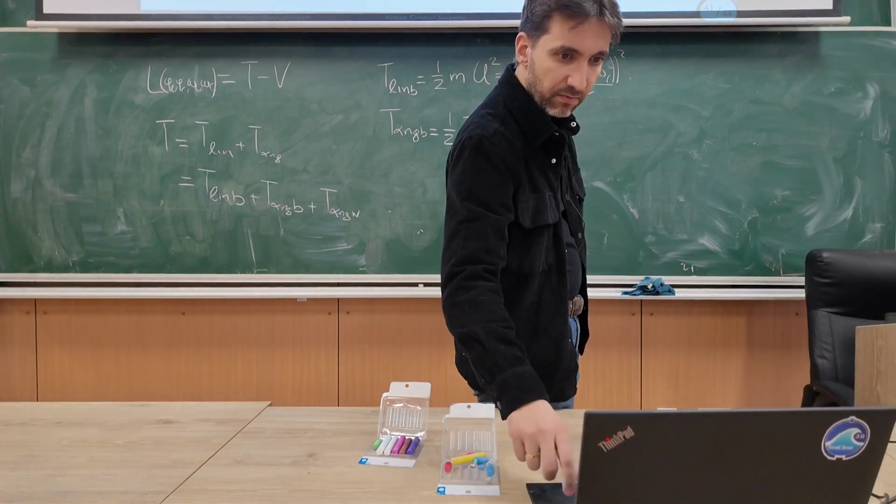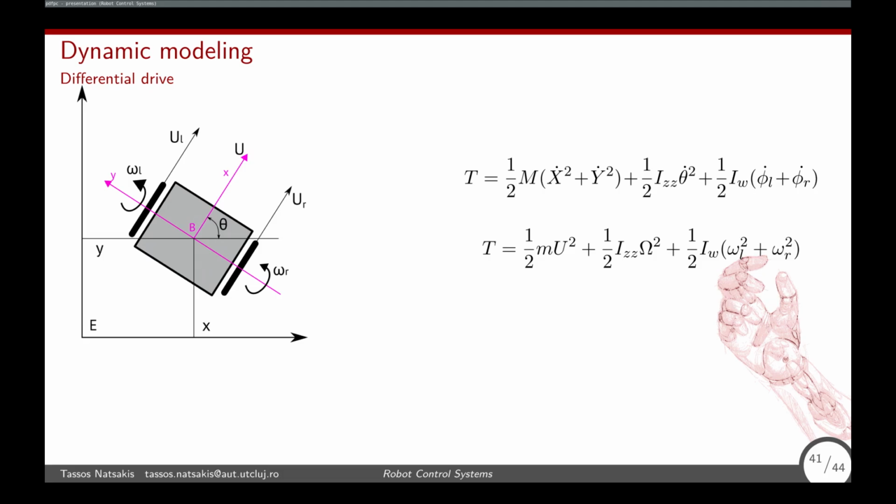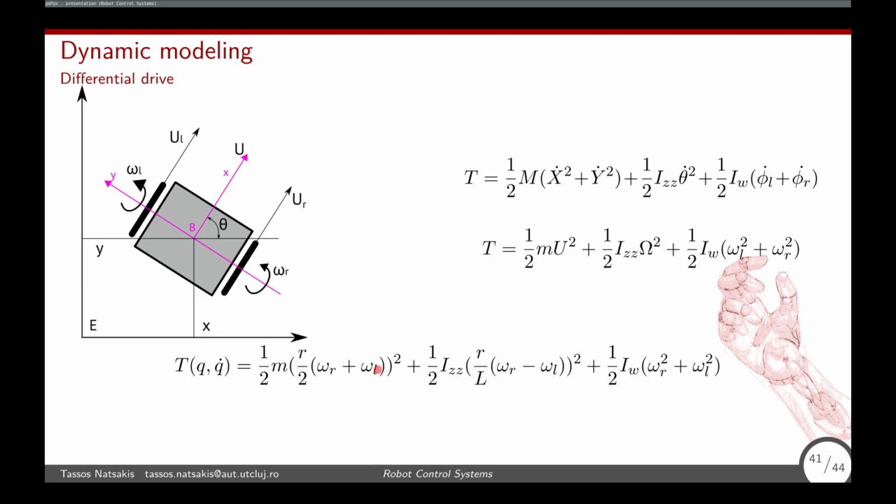So I'm just giving it here. Yeah, which would be basically this part. It's the body linear kinetic energy, and this part is the body angular kinetic energy. I have it in a different way here, but yeah. Right.